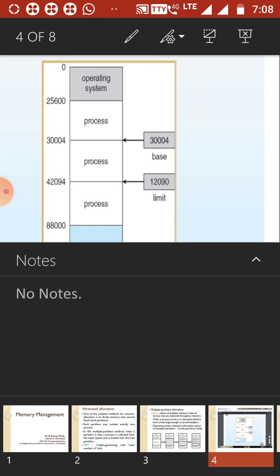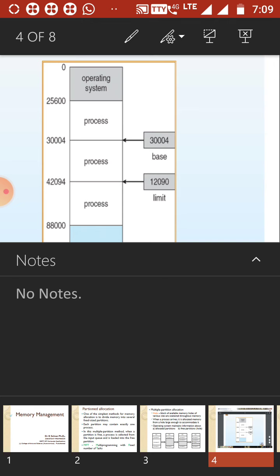From 30,004 bytes to 42,094 bytes, another user program is available. From 42,094 to 88,000, the third program is available.